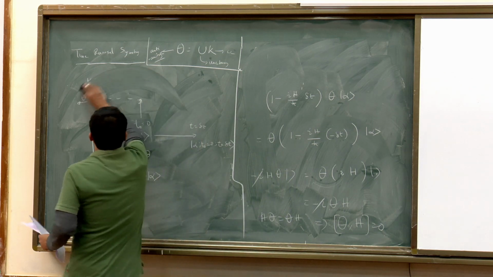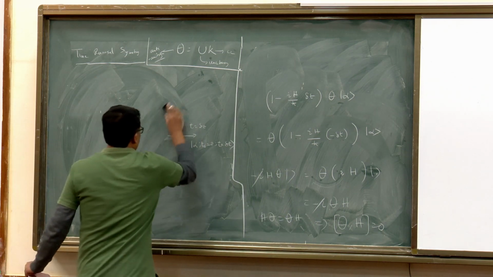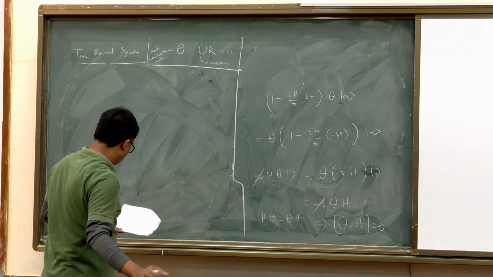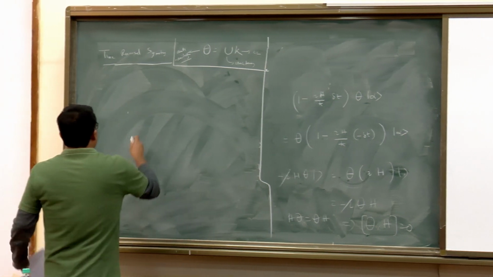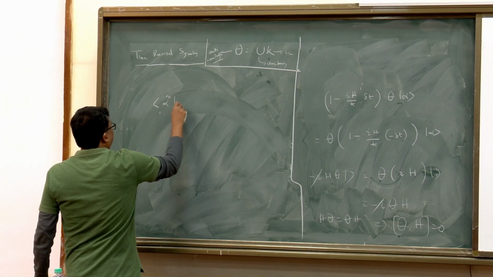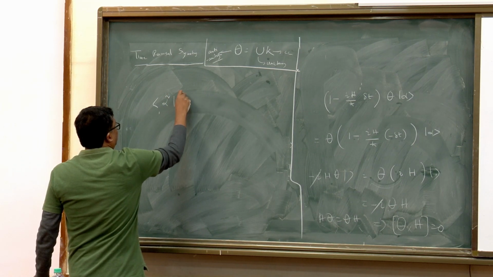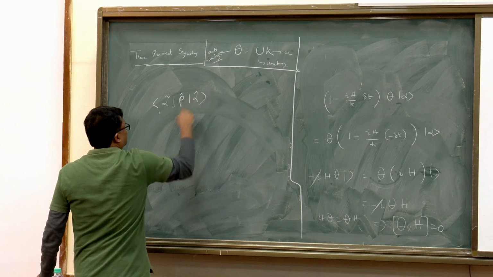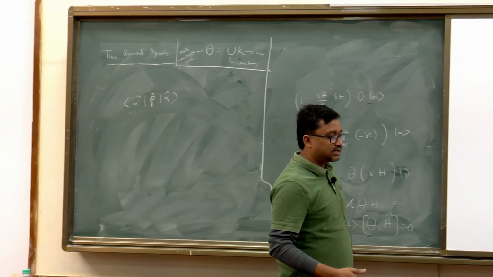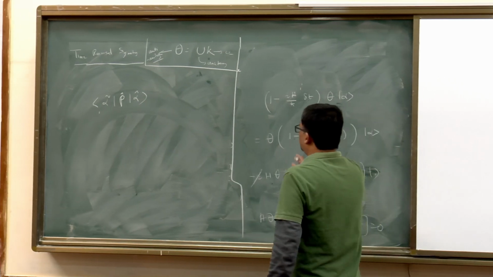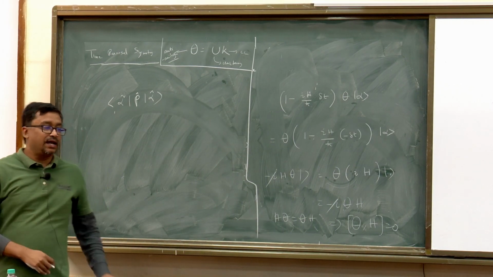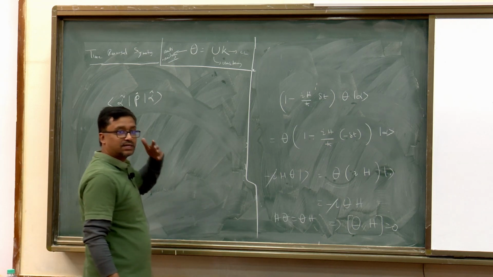So let me erase this part. The other property that we would expect is that, let us say this is a momentum operator, and as I said, time reversal basically means you are reversing the motion of that particle, right, and momentum is what causes translational motion.